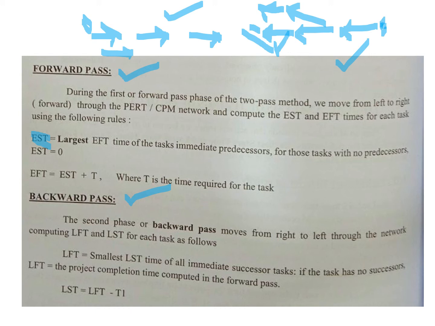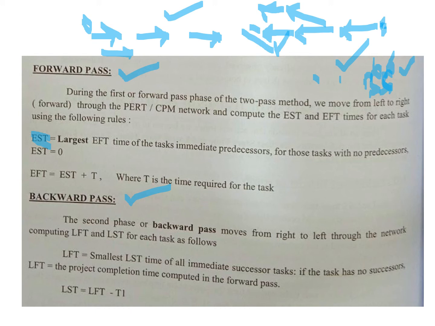Like, let's say you have a task C. Now for task C, the earliest start time will be 6 if the two activities B and A are completed within the 6 days. So if the earliest finishing time of activity B is 6 days, in that case the earliest start of activity C is also 6 days.